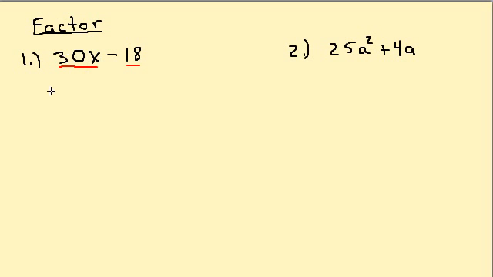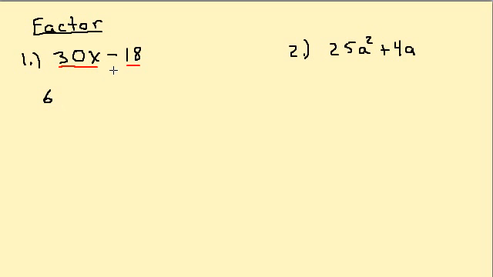Well, that's 6. Now let's look at the x term. Here we have an x term and here we don't, so there's not a greatest common factor of the variables. So the greatest common factor of 30x and 18 is 6.